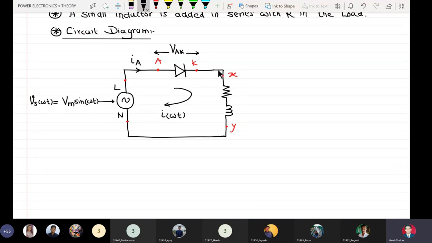So naturally, we have the currents flowing through the load like this. So we have IL.